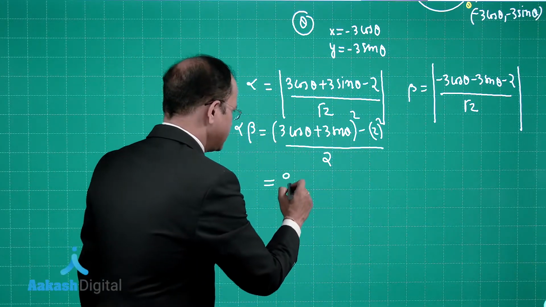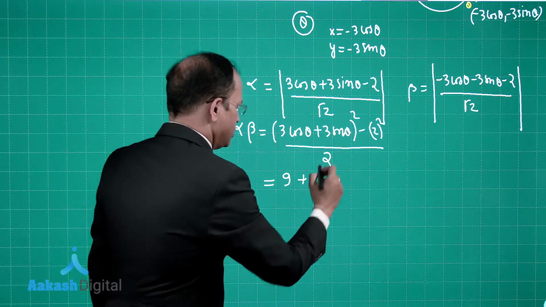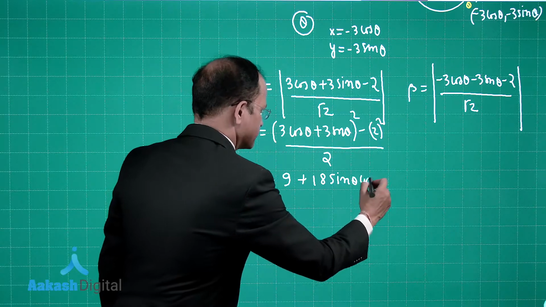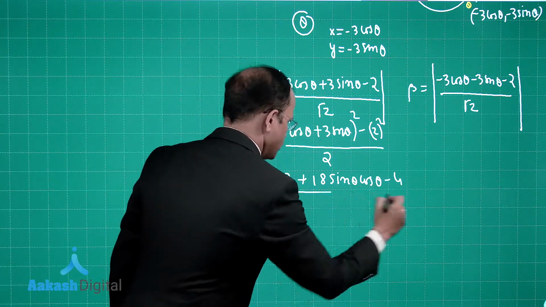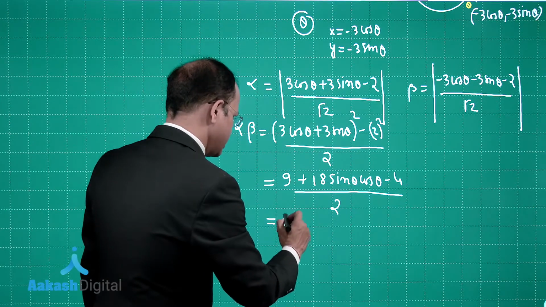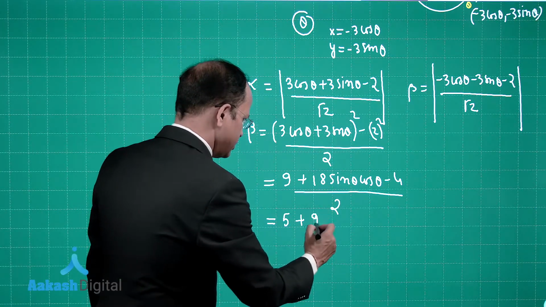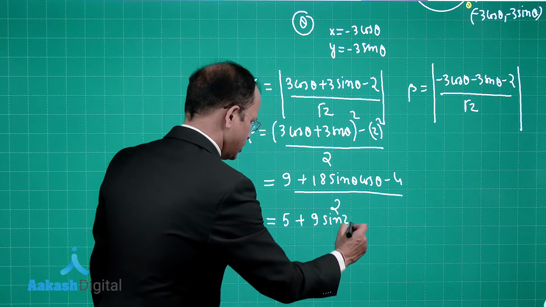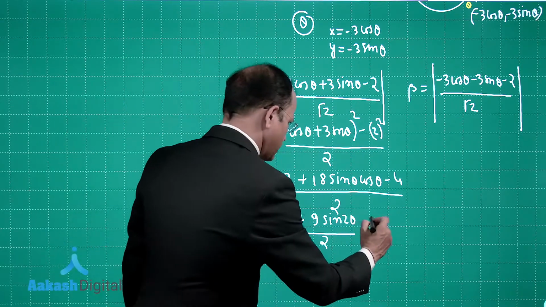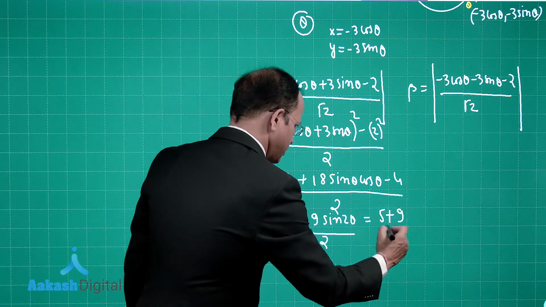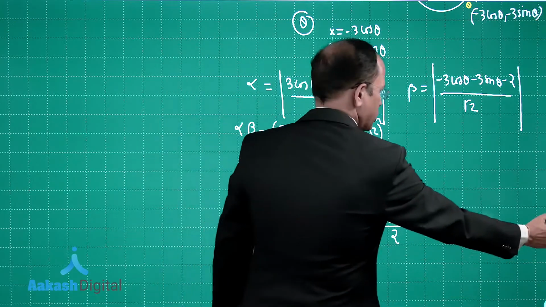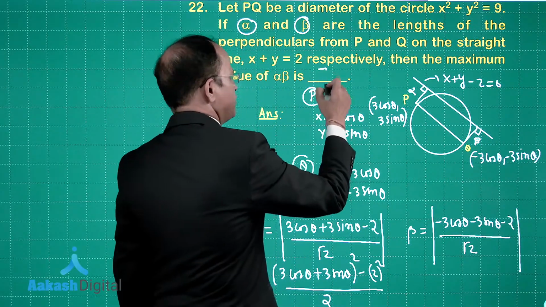We get 9 here, and this is 18 sin theta cos theta, and this is minus 4, whole divided by 2 we have, right? So 9 minus 4 is 5, and this is 9 sin 2 theta we have, got it, divided by 2. So the maximum value of sin 2 theta is 1. So that means we have 5 plus 9, divided by 2, which is coming out to be 7. So the final answer is coming out to be 7 in this case.